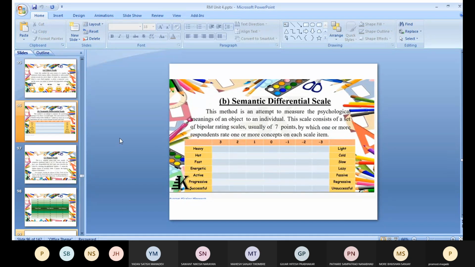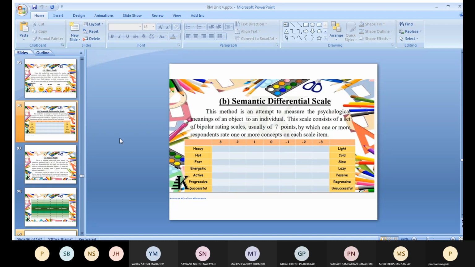So that will be the semantic differential scale. So what is semantic differential scale? It is just a psychological scaling. Suppose in a class of 10 students, some students are energetic, some are fatty, some are active. So that rating will be given from 0 to plus and minus. Here they have mentioned the scale, 0 to plus 3 and minus 3.